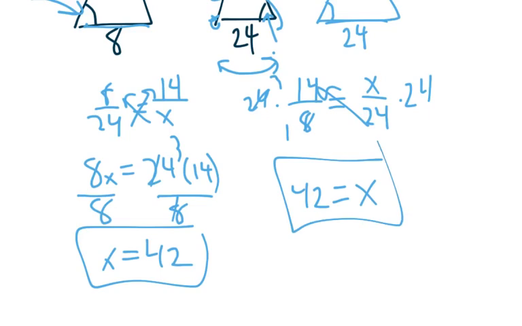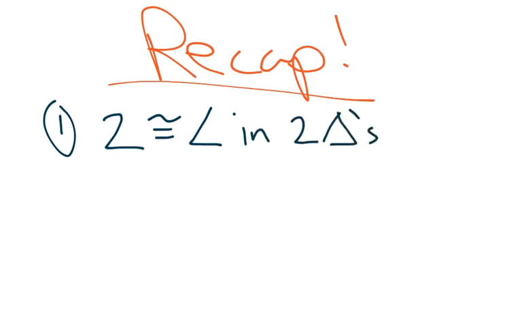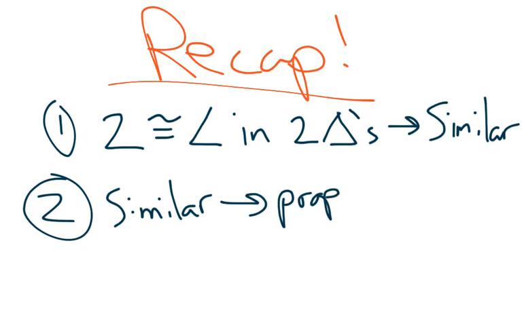So, quick recap. First thing, if we have two congruent angles in two triangles, they are similar. And if triangles are similar, that means that they are proportional.